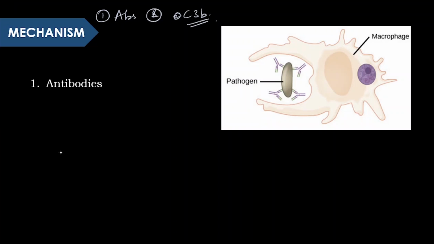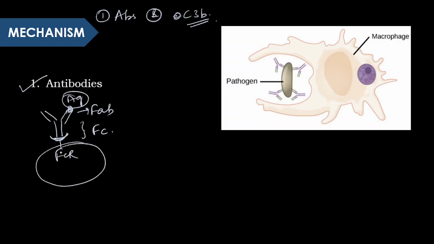So first let us understand how antibodies do the process of opsonization. Here again, the antibody has a heavy chain and light chain, Fab region, and Fc region. The Fab region will interact with the epitope of the antigen, and the Fc region will interact with the Fc receptor of any kind of phagocytic cell or macrophage.